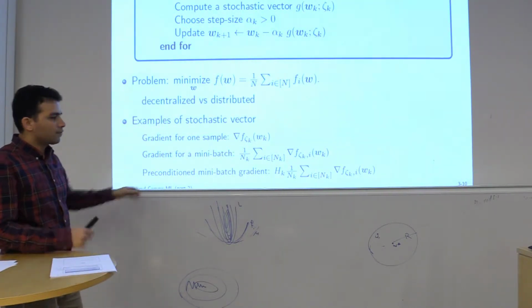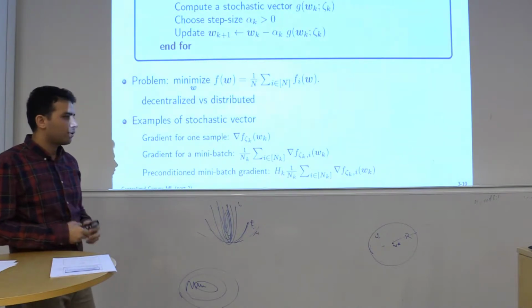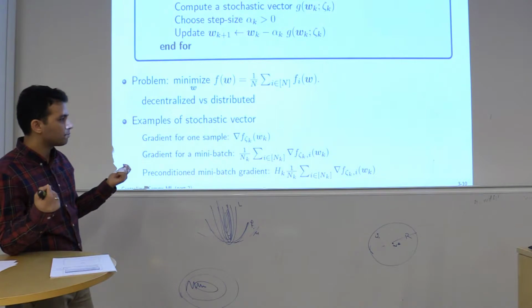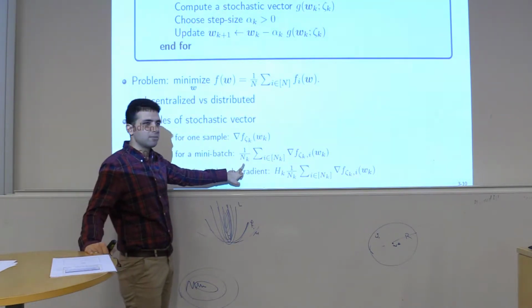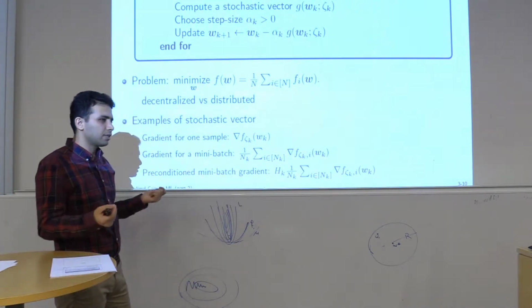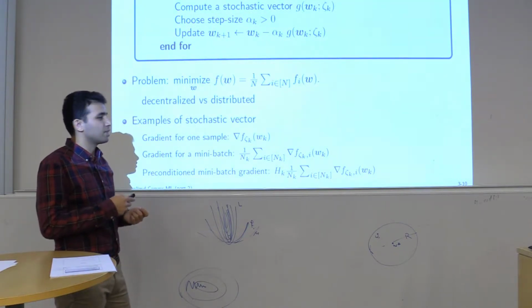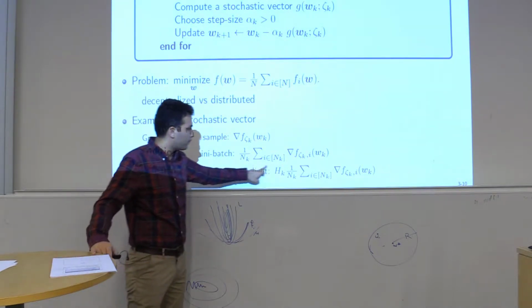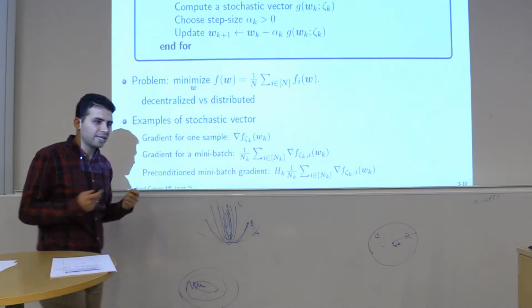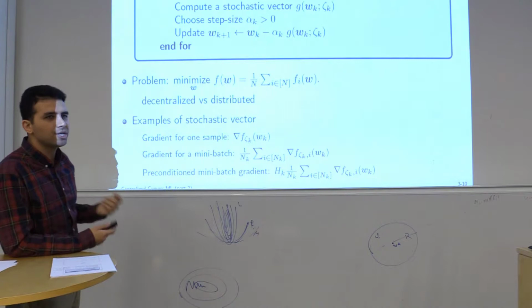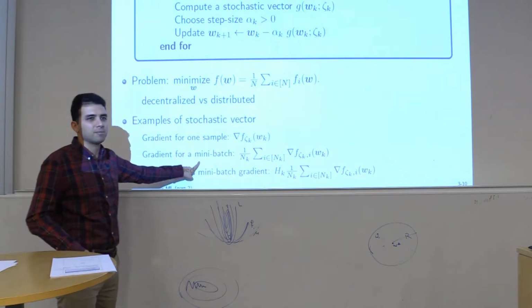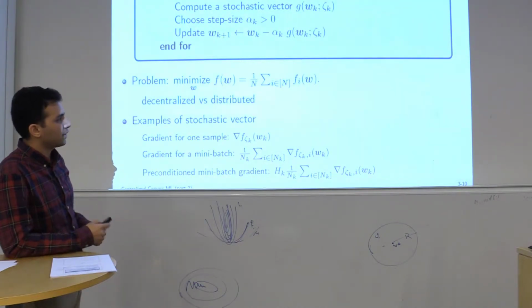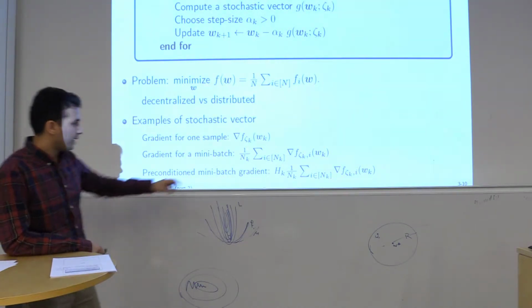We can have a gradient for a mini batch, where instead of selecting just one sample, you're randomly selecting some samples, let's say n_k samples. So you subsample the original data set of size n with n_k samples, and then find an estimation of the average of the gradients based on this mini batch sampling. Like a Monte Carlo approximation of the gradient with n_k samples.